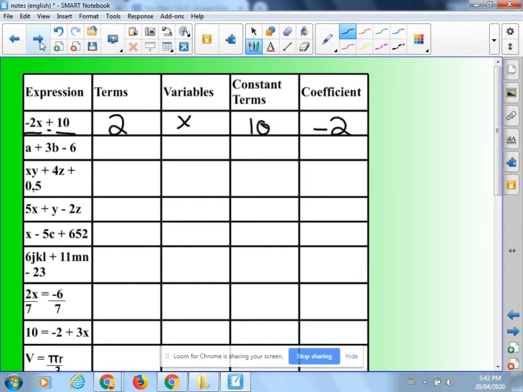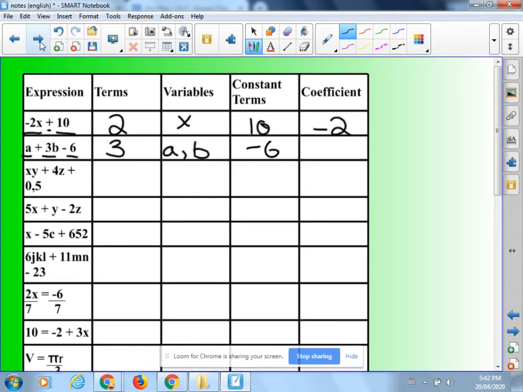If I did the next one, so number of terms, I have A, 3B, and minus 6. So I have 3 terms, A, 3B, and minus 6. And the variables, in this case, I do have an A and a B. My constant term, so I have that 6, but in front of it is that subtraction, so my constant becomes negative 6.